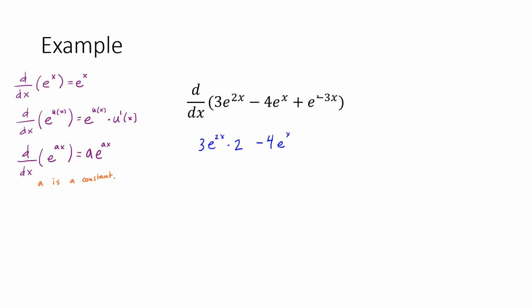And the derivative of e to the negative 3x will be e to the negative 3x times negative 3. So here we'll have 6e to the 2x minus 4e to the x minus 3e to the negative 3x.